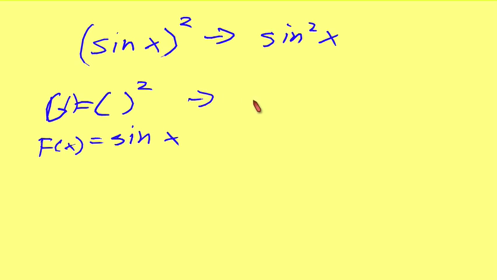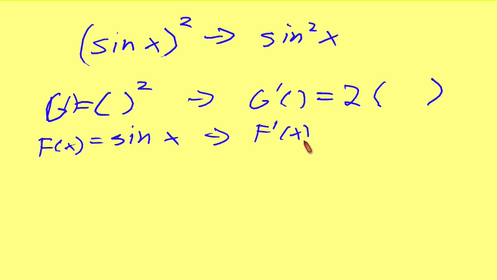So the derivatives of these are: g prime of parentheses, using just our basic power rule, is 2 parentheses to the power 2 minus 1, which is 1, which we can leave out. Derivative of sine of x is going to be cosine of x. So now to actually compute this derivative, I'll rewrite it.